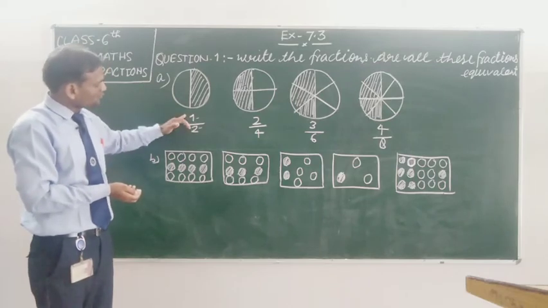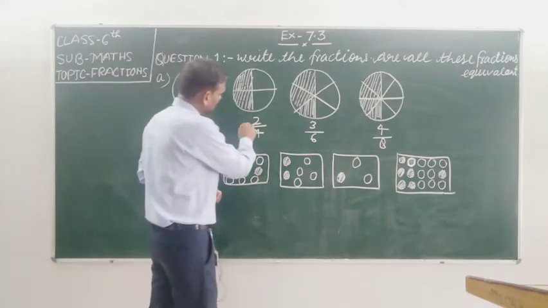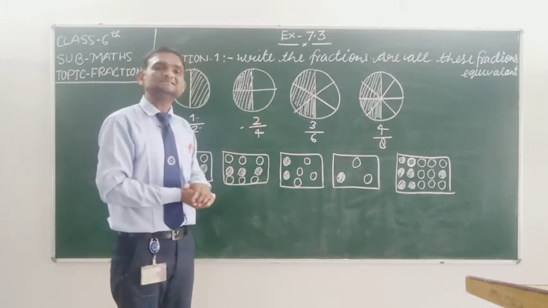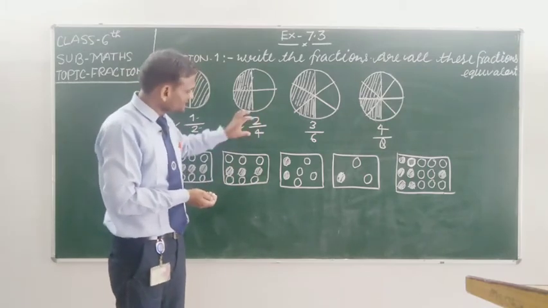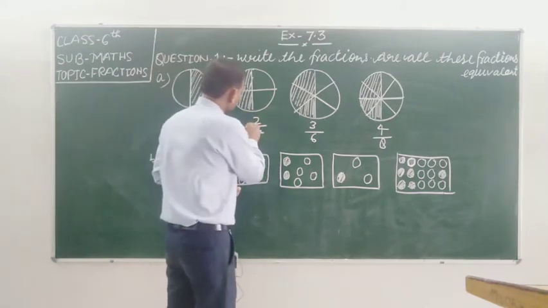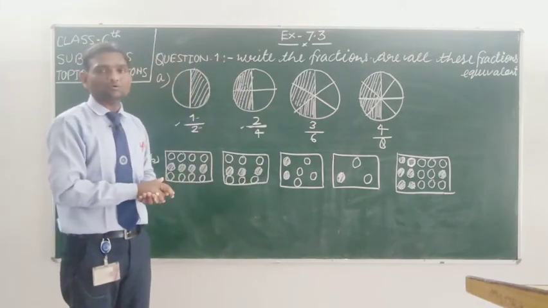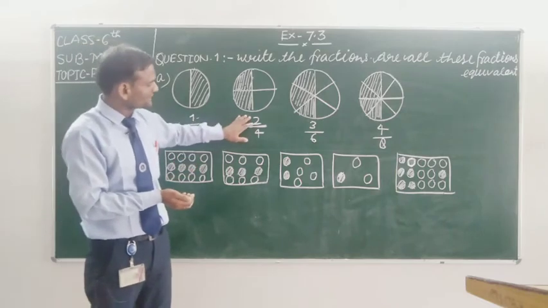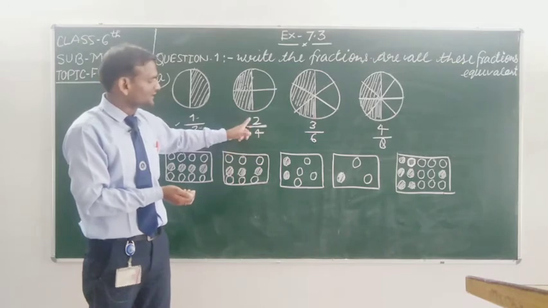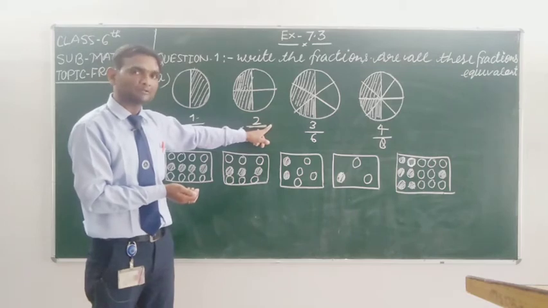So, student, 1 by 2 is in simplest form, but 2 by 4 is not in its simplest form. So, firstly, we need to make it in simplest form. Student, for making the simplest form, we find the HCF of numerator and denominator, and by the HCF we divide the numerator and denominator, then at last we get the simplest form of the fraction.